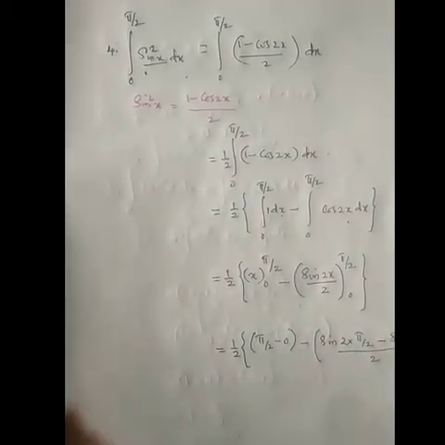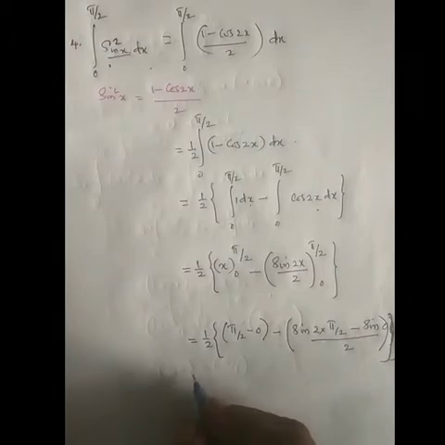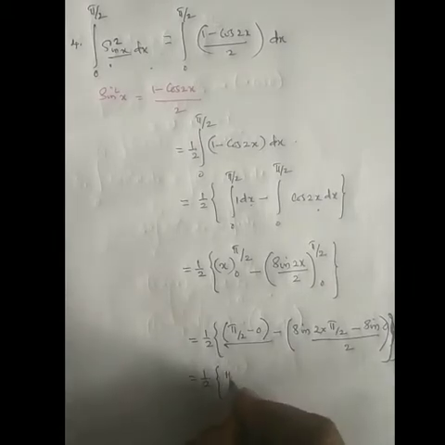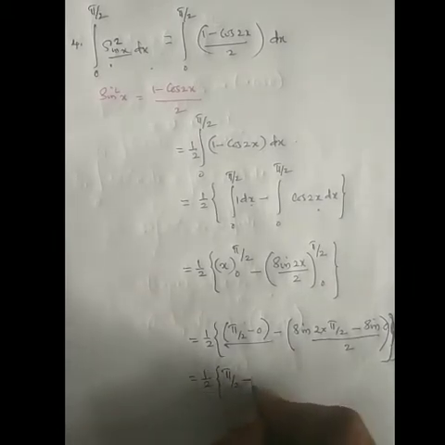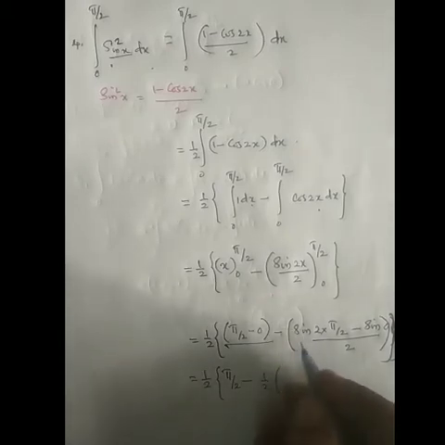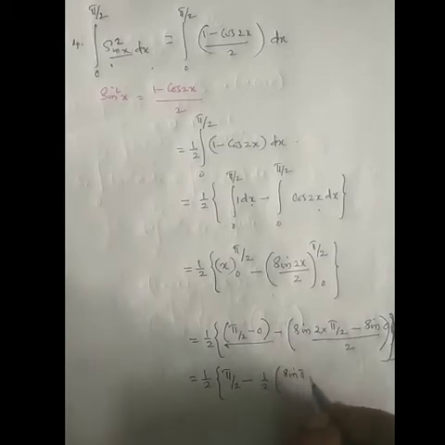Okay, that is equal to 1 by 2 into, it becomes pi by 2 minus 1 by 2 into, what is sin 2 into pi by 2? It is sin pi minus sin 0.